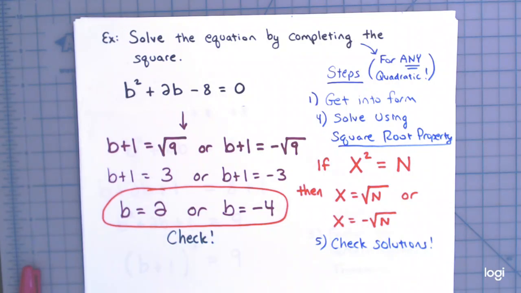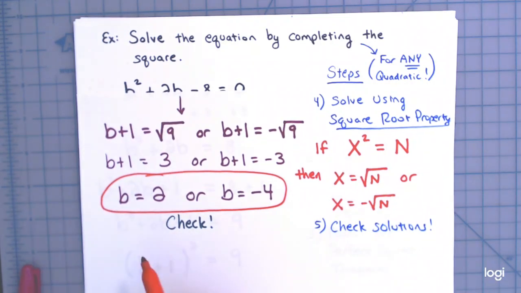So 2 is a solution, negative 4 is a solution, and you might also see, in a lot of equations or inequalities, in some textbooks, the solutions written out as a solution set.